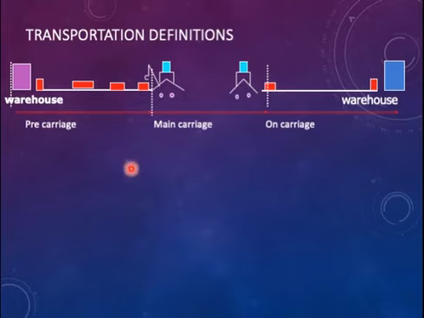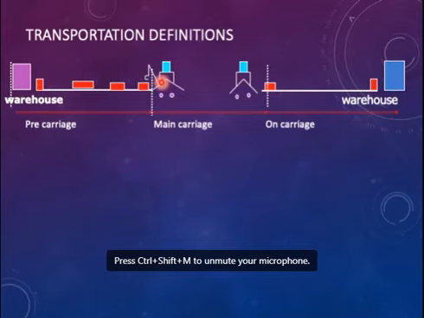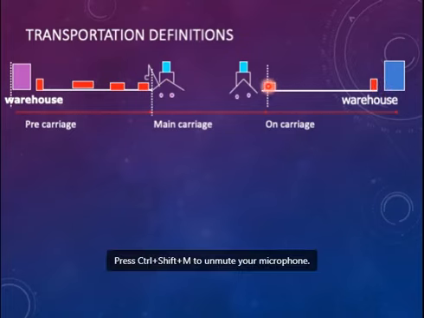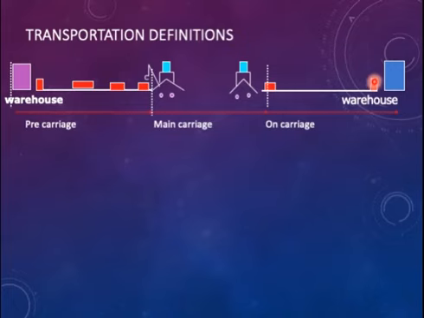We have carriage. So here, you see, this is the seller's premises, right? This is the port. This is the main journey. This is the buyer. This is the destination port. This is the buyer's premise or buyer's warehouse.